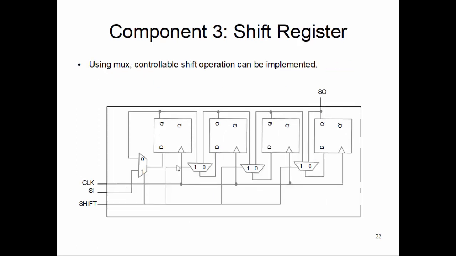As long as the shift is kept 0, I'll keep the value as it is. As soon as we make the shift 1, we start with the incoming bit, and those are shifted through this series of flip-flops and ultimately go out through the scan out.